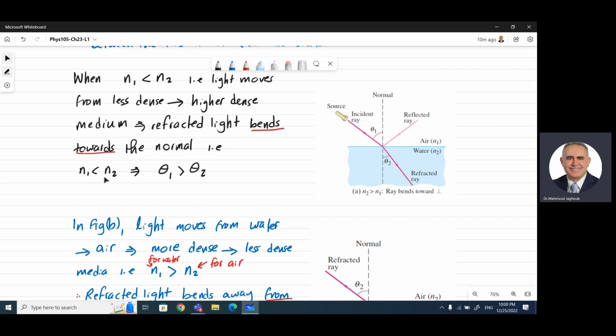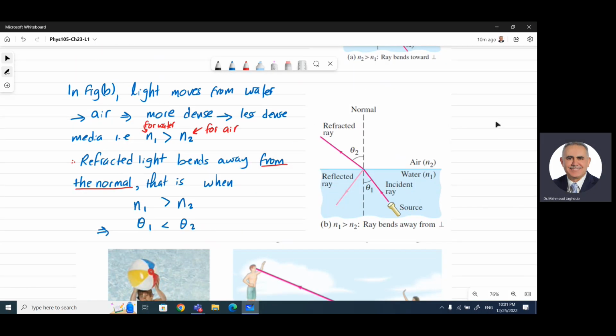If N1 is less than N2, this is N1, this is N2, then theta 1 is greater than theta 2. In other words, it bends towards the normal. Now, when the reverse happens, when N1 is greater than N2, now it is incident from water and it's refracted into air.